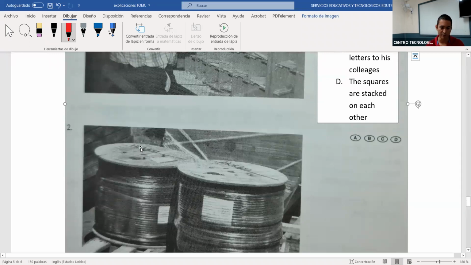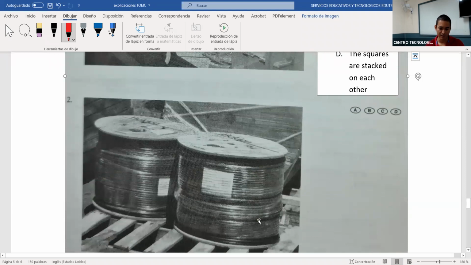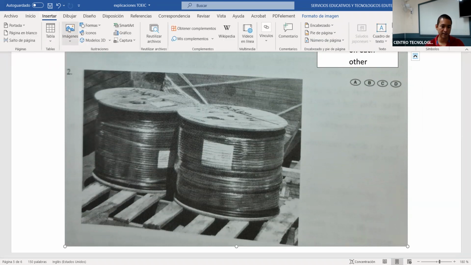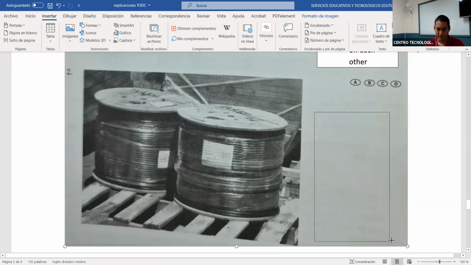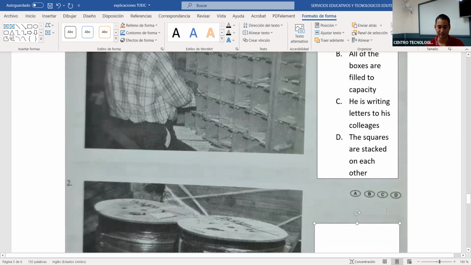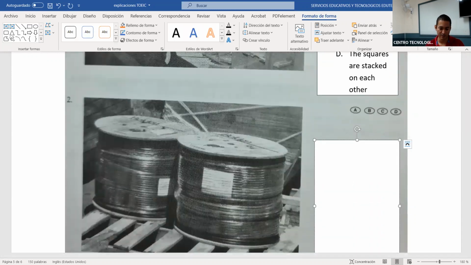I have no idea where those cables are. Okay, they are new. That's the information that I get from the picture. Now, let's hear the description, and we're going to apply these strategies. Okay, let's go to number 2.